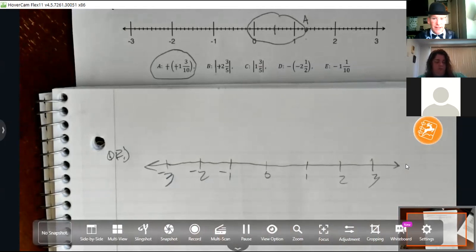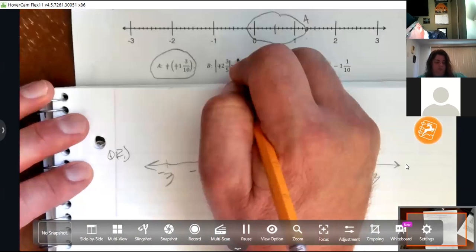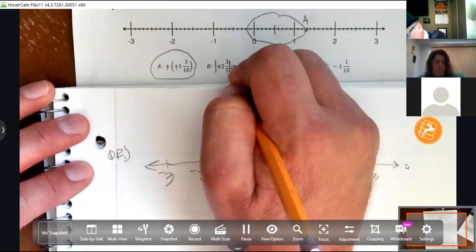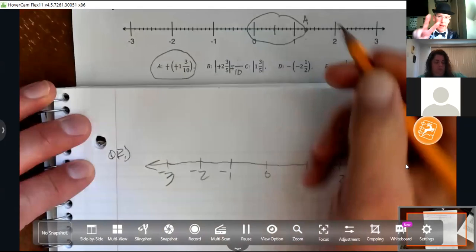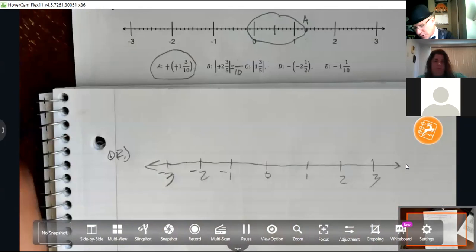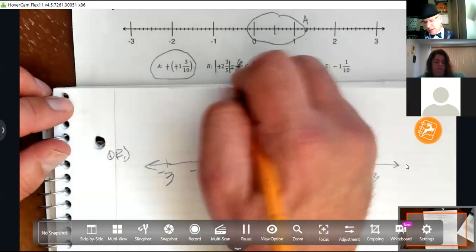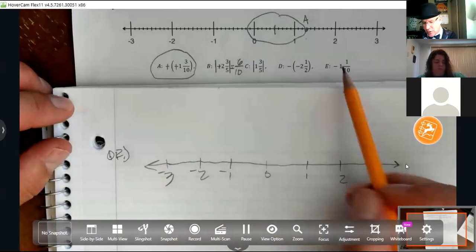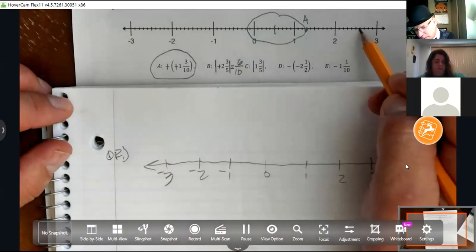So luckily it's an easy conversion because 3/5 equals something over 10. What do you do to a 5 to make it into a 10? You multiply by 2. So we're going to multiply the numerator by 2, and we're going to get 6/10. So 2 and 6/10, we go over here to 2. We're going to go halfway would be 5, and then one more is 6/10.